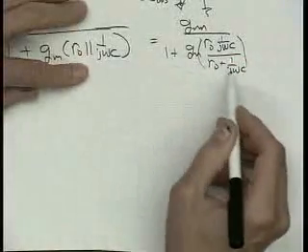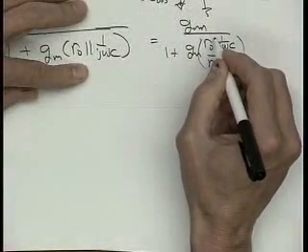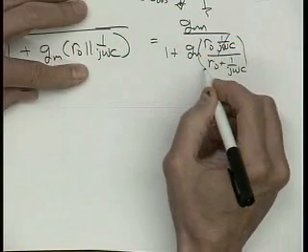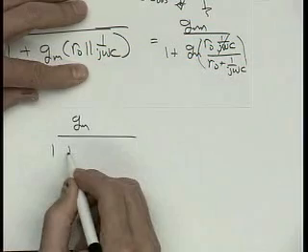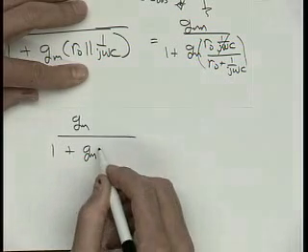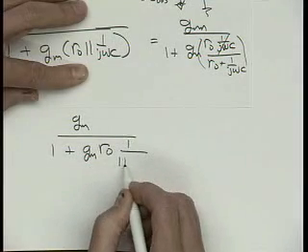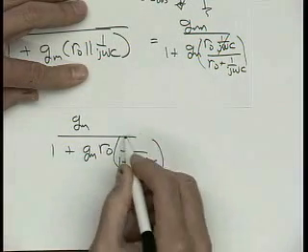Let's multiply top and bottom by j omega c. Multiply top by j omega c, so I get GM over 1 plus GM R0 times 1 over 1 plus j omega R0c.